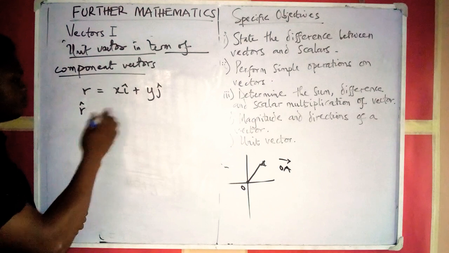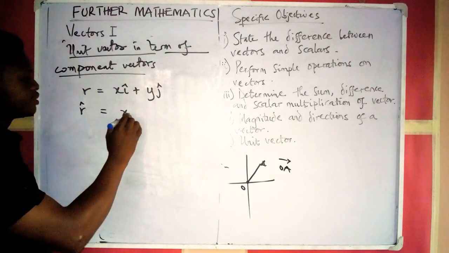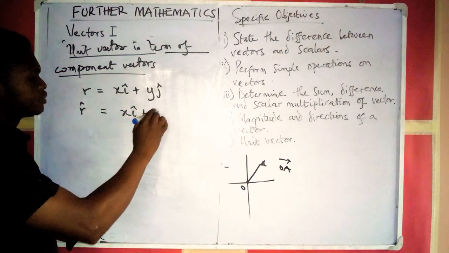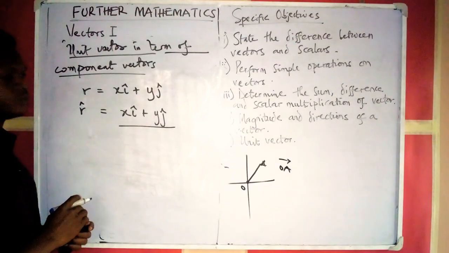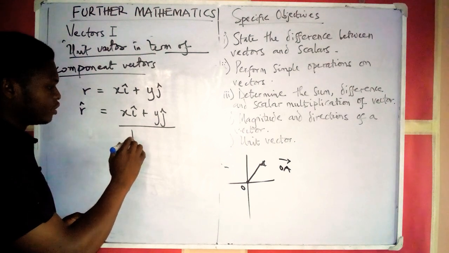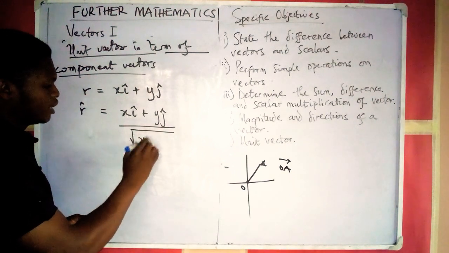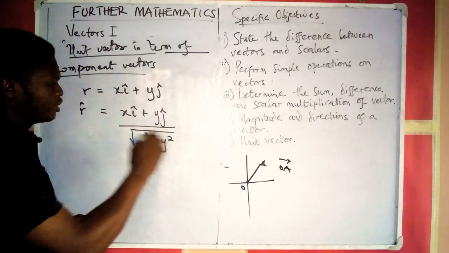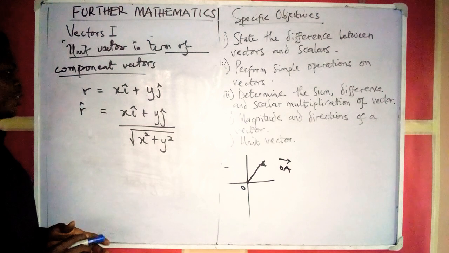That will be equal to xi plus yj all over the modulus of r, which is the same as the square root of x squared plus y squared.